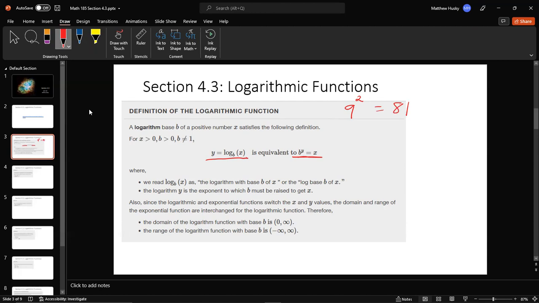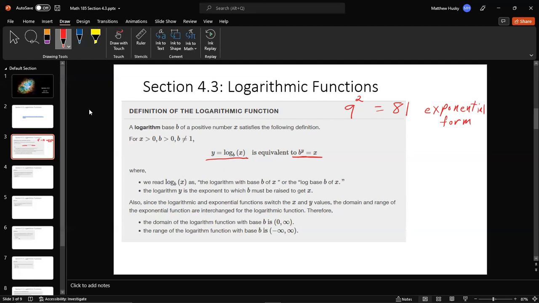Now, this is exponential form because it's written with an exponent. If I want to convey this same idea, but do it in logarithmic form, then what logarithmic form would look like is this. So the base of the power, the big thing on the bottom, like if you think of a base is something that's big that holds things up, right? That's what a base is.